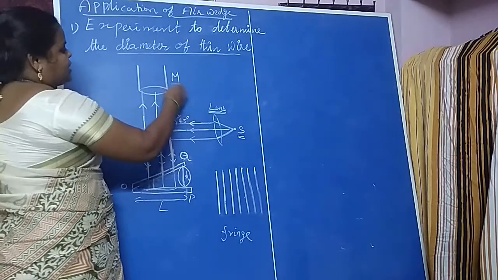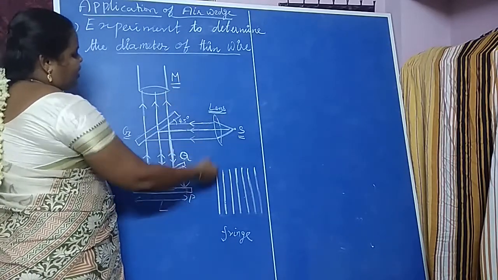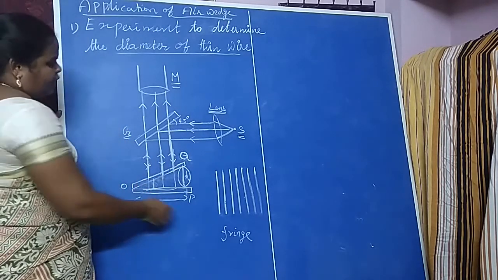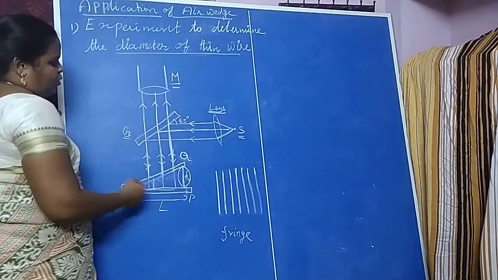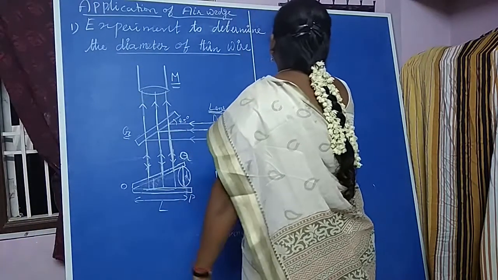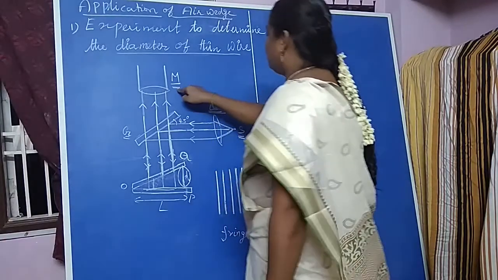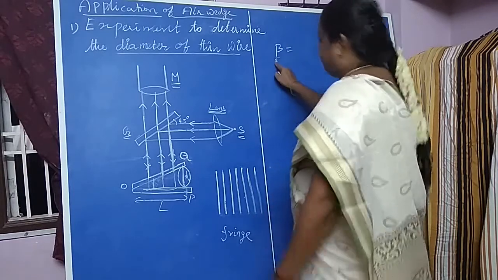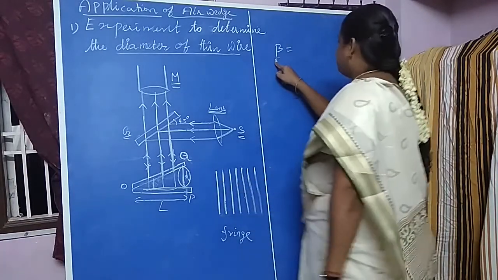We will adjust the microscope to get clear fringes. Using this microscope, we are going to read the fringe width beta. From the microscope reading, we find the fringe width beta of the interference pattern.